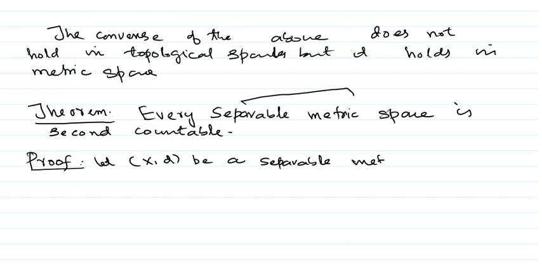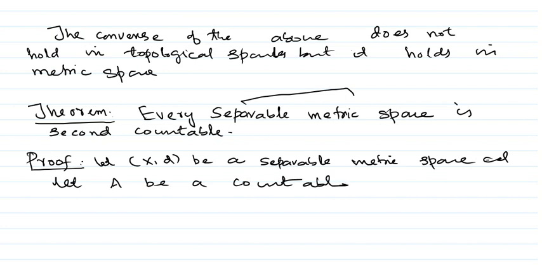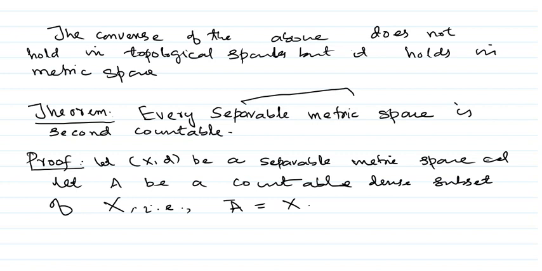Okay, so then by definition it has a countable dense subset, and let A be a countable dense subset of X. So that's this: A closure is equal to X. A is countable and its closure is equal to X.